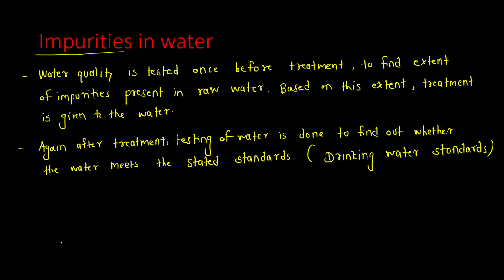Now we are going to see the various types of impurities. The first category is classification based on size of impurities. Based on size, it is classified into three categories.